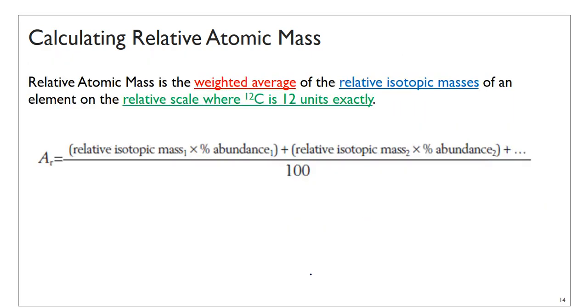So the way that you calculate relative atomic mass is essentially you just find a weighted average, and the main difference between a weighted average and a regular average is you need to take the percentage abundance into account. So you just multiply the relative isotopic mass of each isotope with its abundance, add them all together, and then divide by 100.